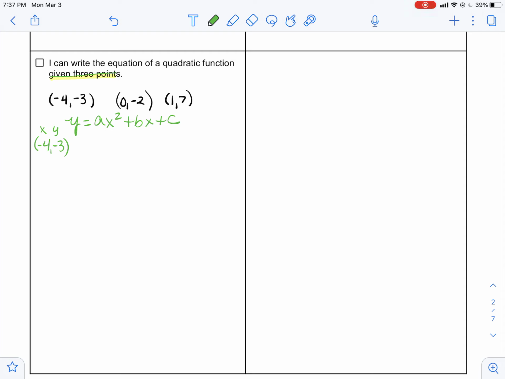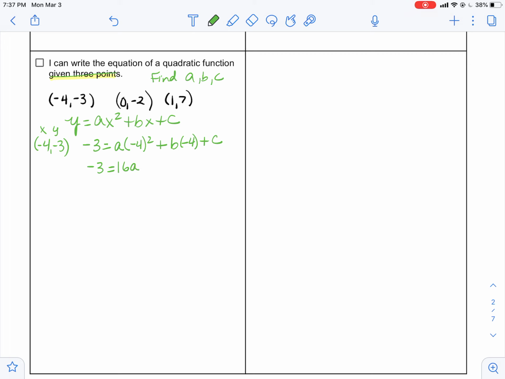And so this would be y, which would be -3. I'm going to look for a, b, c here. So in this case, I'm trying to find a, b, c. Okay? So a x squared plus b times x plus c. And some people like to go ahead and just simplify this.